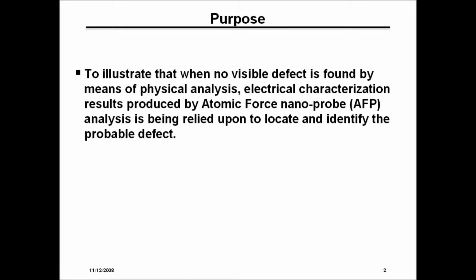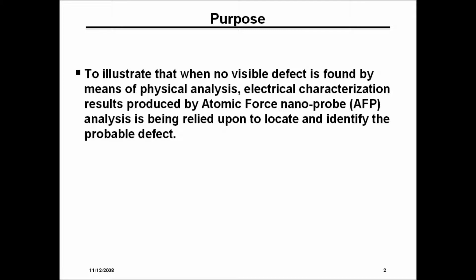What's happened to us is that we reached the point where our ability to characterize failing transistors and identify them as failures has actually outpaced our ability now to do a physical analysis and actually get a visual identification of the defect. And in the past, without a visual identification of the defect, the fabs have been very reluctant to do anything.